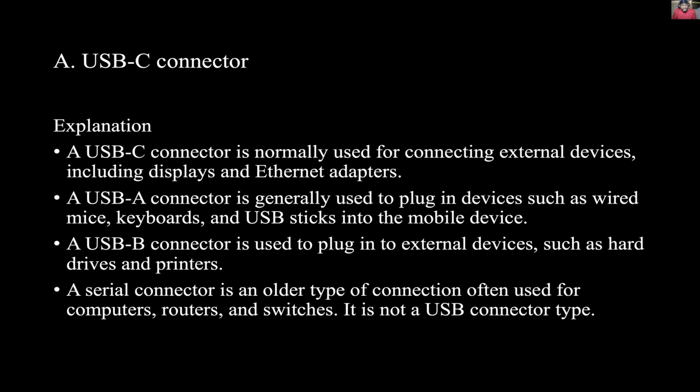A USB-B connector is used to plug in external devices such as hard drives and printers. A serial connector is an older type of connection often used for computers, routers, and switches. It is not a USB connector.